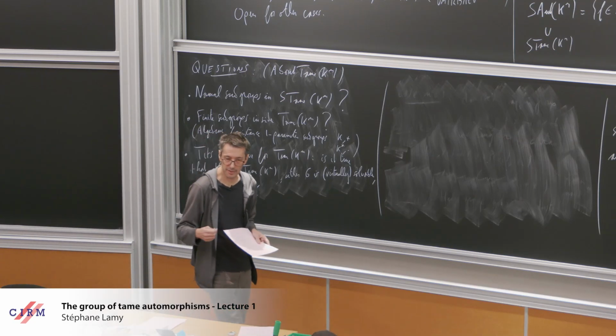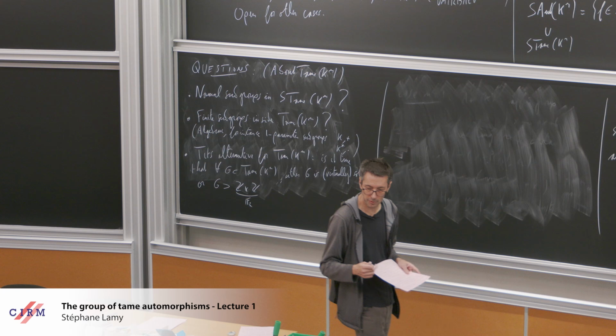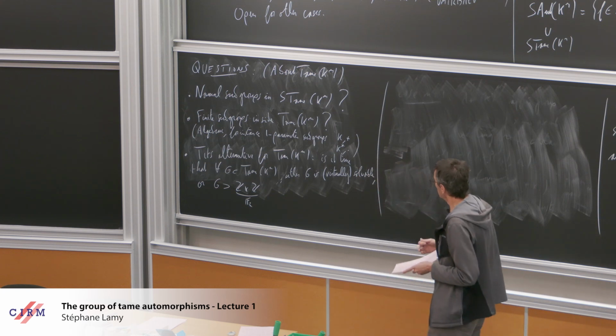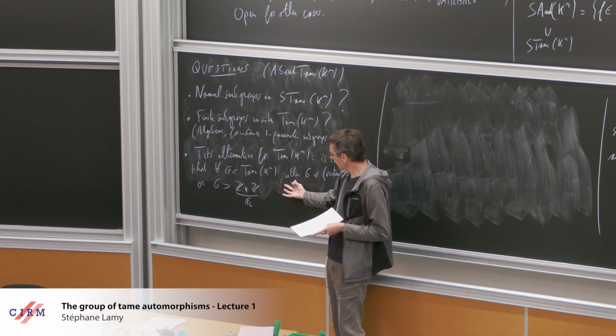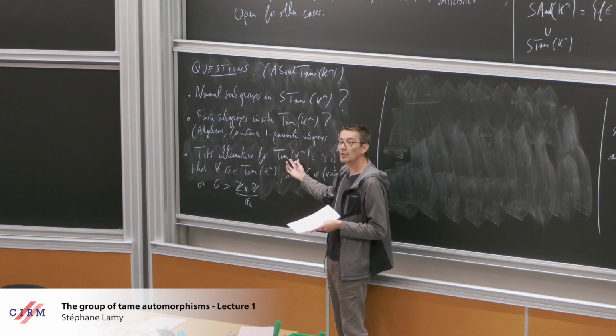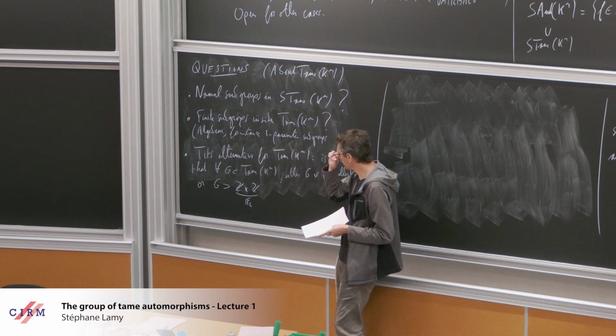It's called the Tits alternative because Tits proved that it was true for any linear group. So this fact is true for a linear group. Is it true also for polynomial maps? It's quite a natural question.